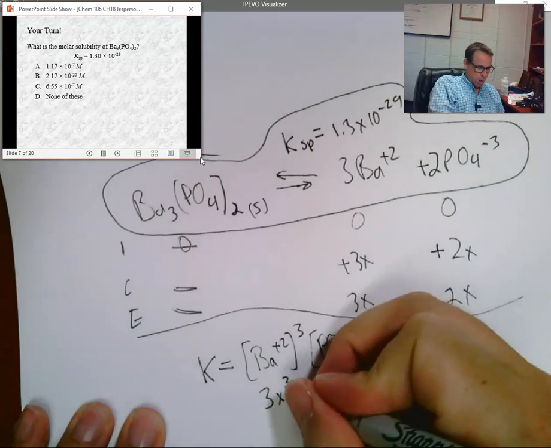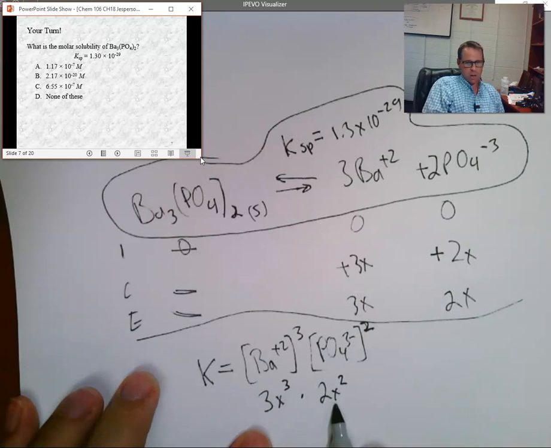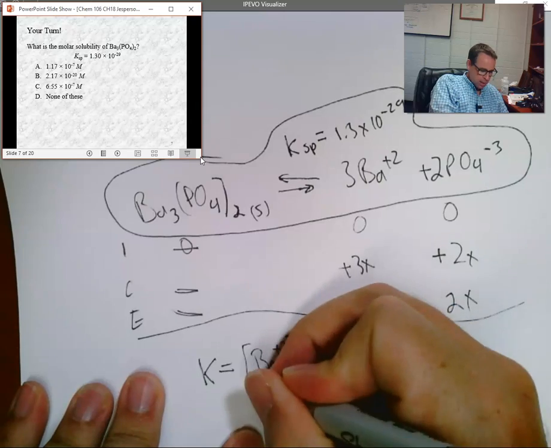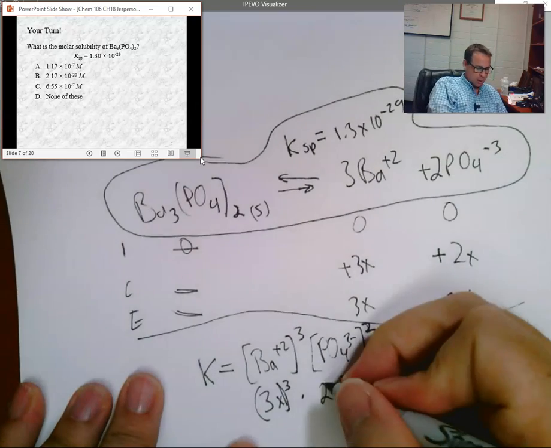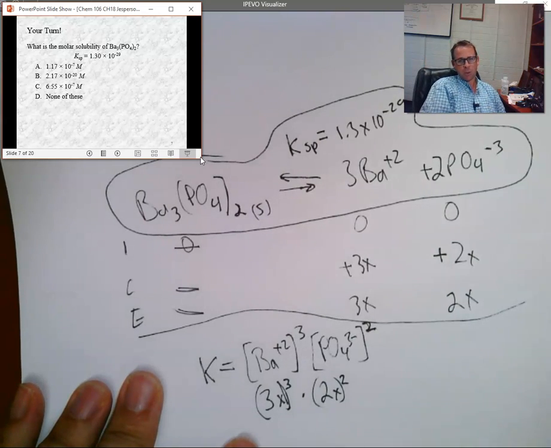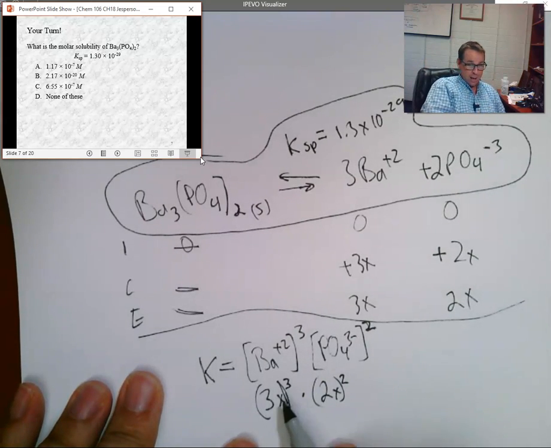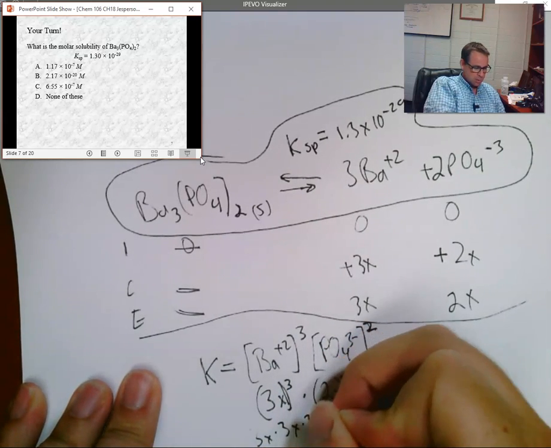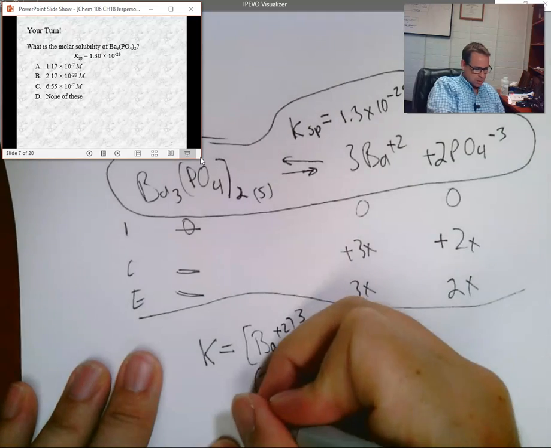Now, what is 3x cubed times 2x squared? This is (3x) cubed like that, and this is (2x) squared. So we have to take care of those exponents first. So 3x times 3x times 3x, right? What is that equal to?